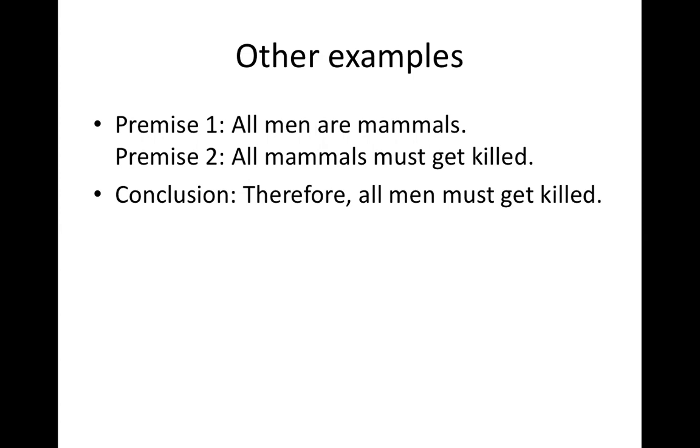Let's convert the words to symbols. Men is A, mammals is B, and then the third concept is getting killed, so getting killed is C. All A are B, all B are C, therefore all A are C.